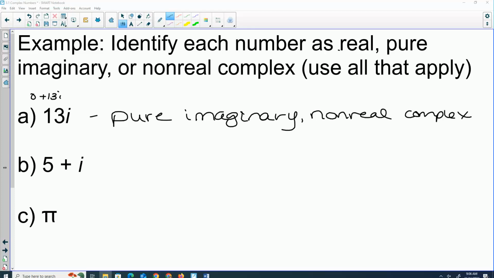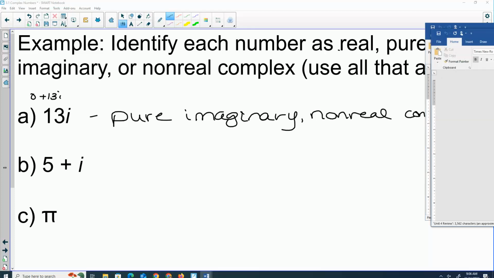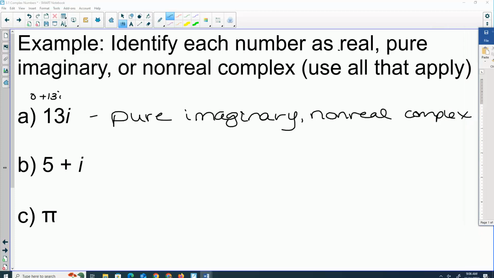All right, if we look at the second one. Okay, is that a real number? No. Okay, is it pure imaginary? Pure imaginary requires that we only have the imaginary term. Does that describe this?